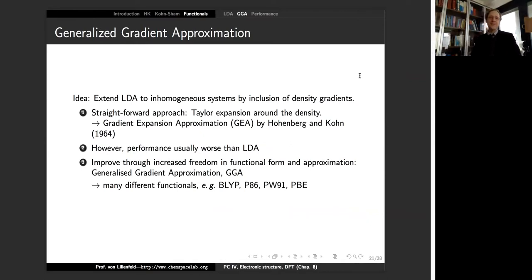So one suggestion then, which gained some momentum in the 80s, but the suggestion actually is quite old already, made by Hohenberg and Kohn themselves, was to include also gradients in the exchange correlation potential, right?